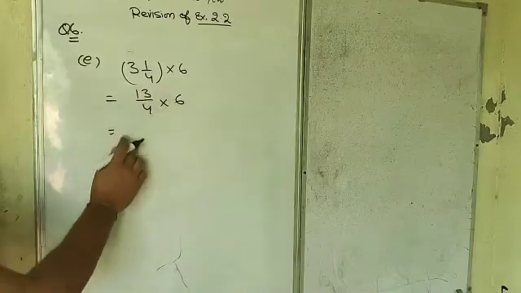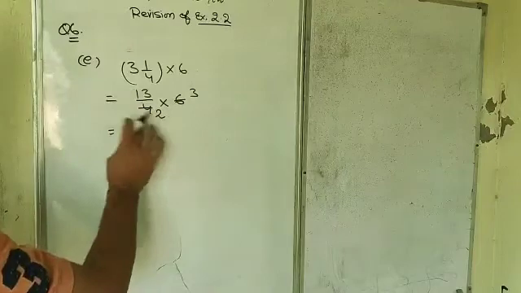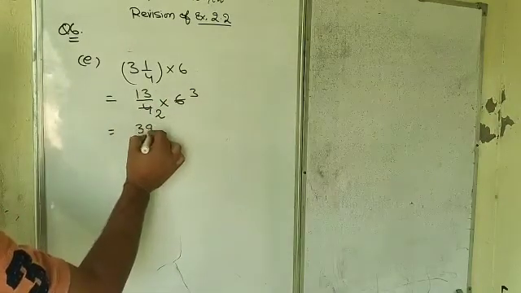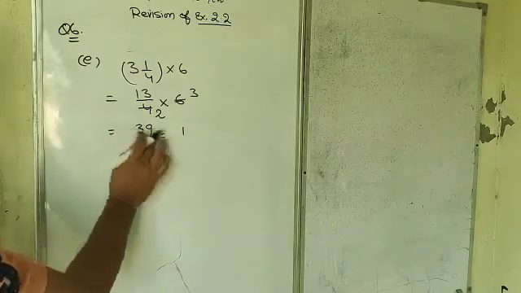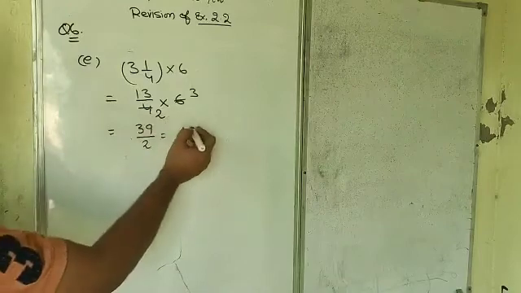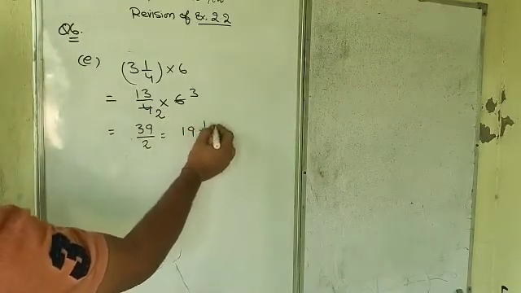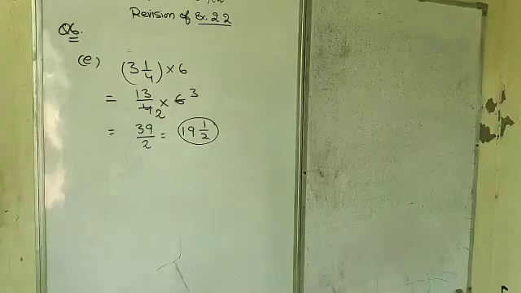Something is common. Common factor is 2. 2 2s are 4, 2 3s are 6. Anything else? No. 13 3s are 39 divided by 2. 2 1s are 2, 1 remainder 19. 2 9s are 18, 1 remainder, 1 by 2 answer. ठीक है. So this is your question number 6, part number E.